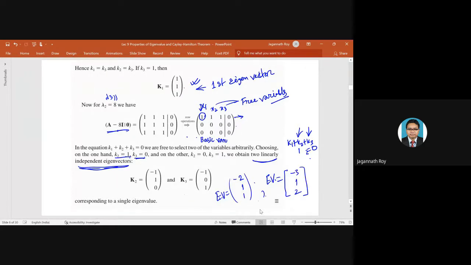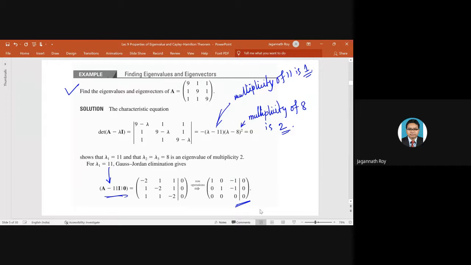So what it means is, if the multiplicity is 2, it can have at most two linearly independent eigenvectors. So these are some important observations for eigenvalues and eigenvectors.